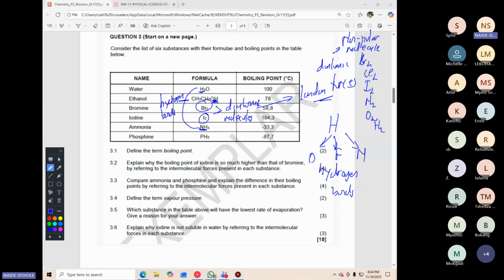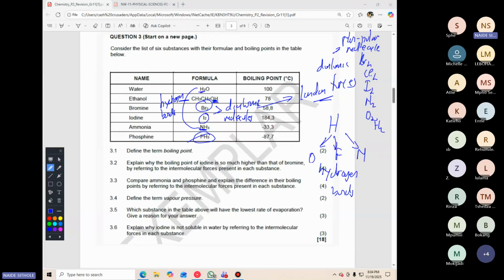Then the rest that I did not mention will have to be dipole-dipole force. So once you know how to identify London forces and hydrogen bonds, anything that does not fall between London or hydrogen bonds can either be dipole-dipole or ion-dipole, right?